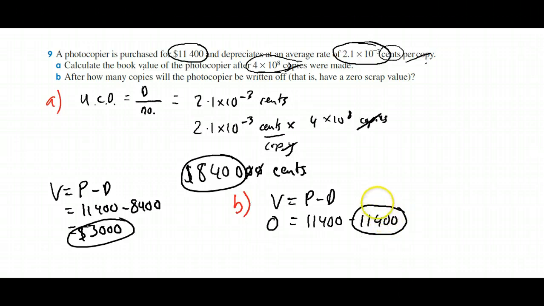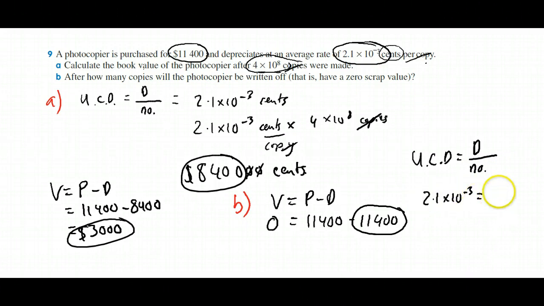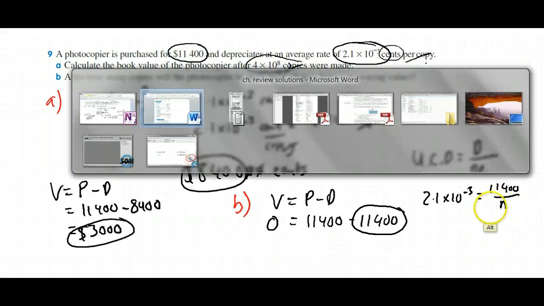Then we can go back to our equation UCD, unit cost depreciation, equals depreciation divided by the number of copies that are made, or the number of times the machine's used. And we know that UCD was 2.1 times 10 to the negative 3, and we know that depreciation by the end of its life is 11,400. So we just need to calculate N, the number of copies.